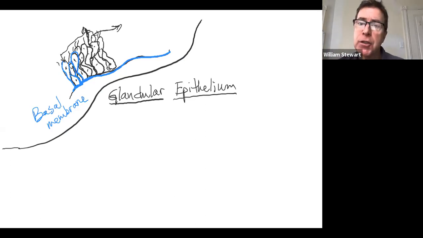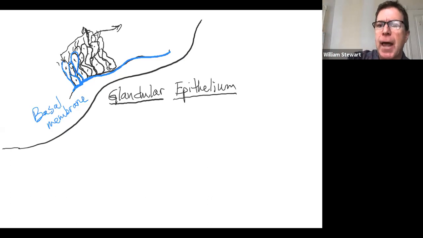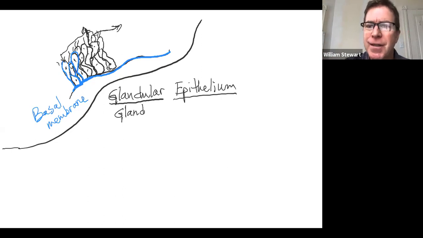Glands typically secrete products, so the functions are mostly just going to be secretion. The definition of a gland is basically one or more cells that synthesize and secrete a product. So we're talking about a cell or a group of cells that create or synthesize some sort of product and then release it, secrete it. That's the strict definition of a gland.